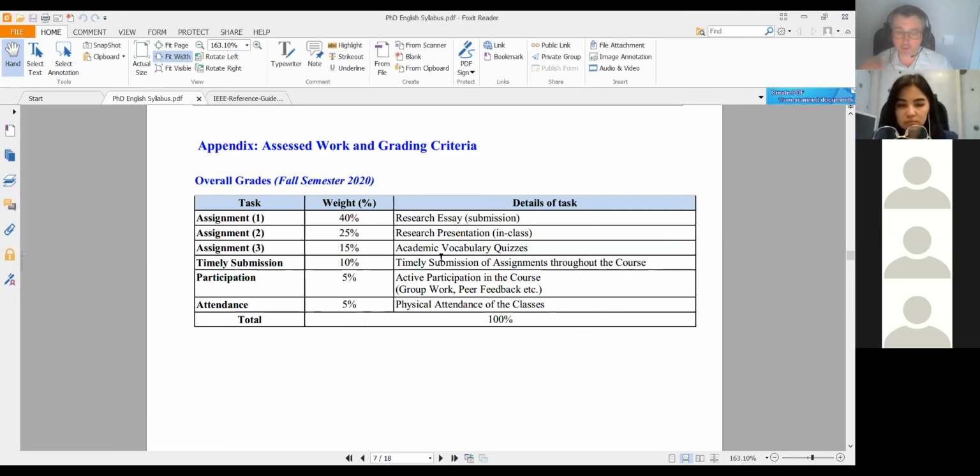If you're able to follow those deadlines, that will get you another 10% of your grade. And this is just for timely submission, because some of the assignments will not be graded. Some of the assignments will only be reviewed, and you will only get timely submission for those assignments.